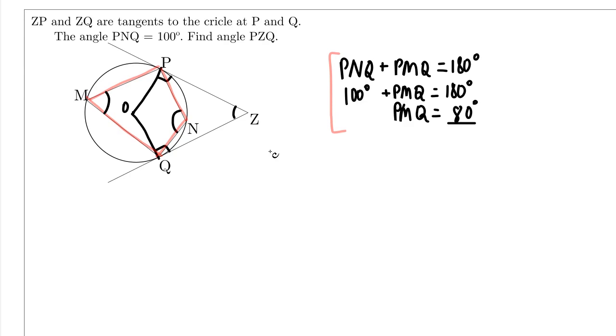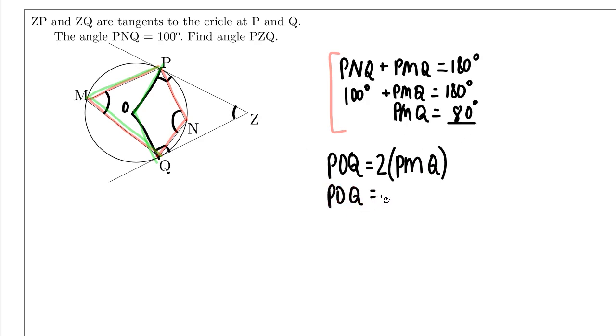The second reasoning is that the angles PMQ and POQ are drawn from the same arc of the circle, which means that angle POQ is twice as big as the angle PMQ. And we know that PMQ is 80 degrees, POQ then must be twice that.